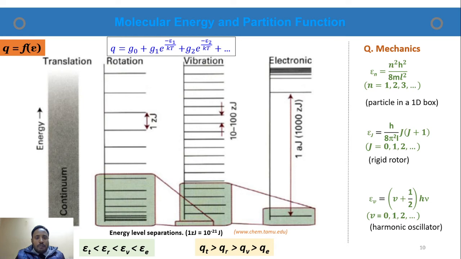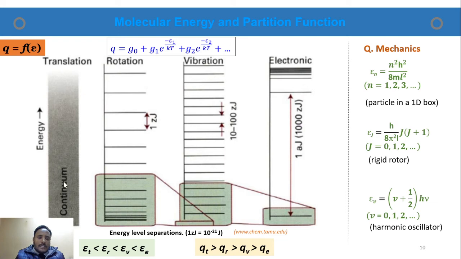Depending upon the different types of motions that molecules can undergo, we have different energies, such as translational energy, rotational energy, vibrational energy, electronic energy, among other types of energies. And each of these energy expressions one gets from quantum mechanics.